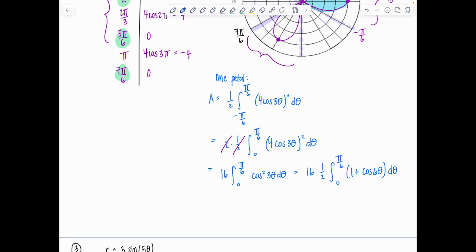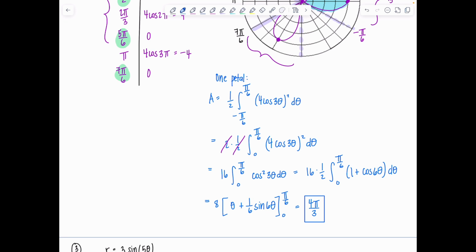Are we good? So that's 8. Let's take the antiderivative. Theta plus 1/6 sine 6 theta, 0 to pi over 6. And then this comes out to 4 pi over 3.